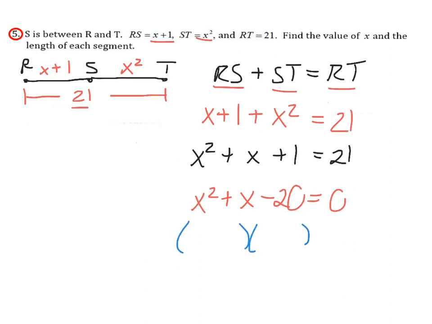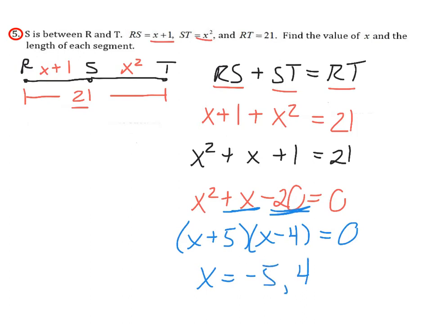So now when I break it down to my two binomials, I know it's going to be x and x. Factors of negative 20 that add to positive 1 are 5 and 4, and then add in your signs. So in this case x could equal negative 5 or positive 4.